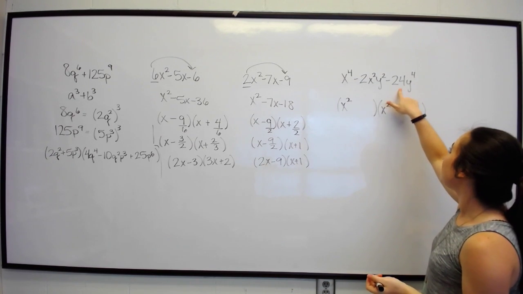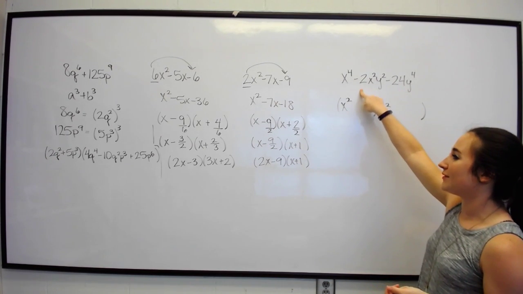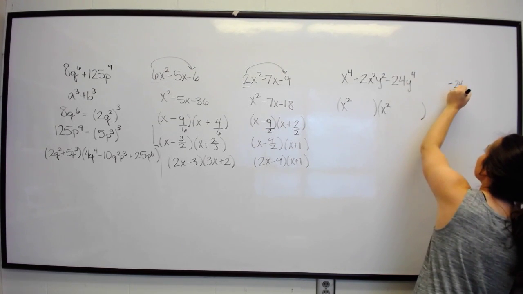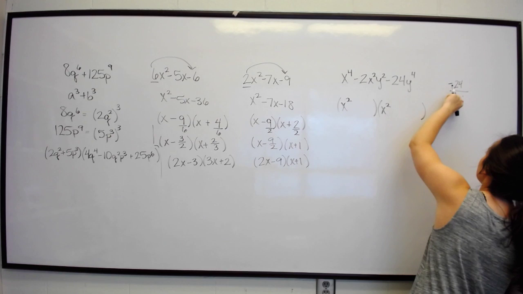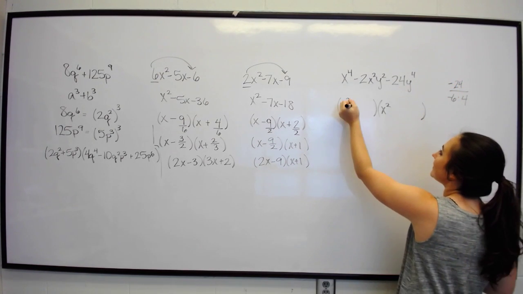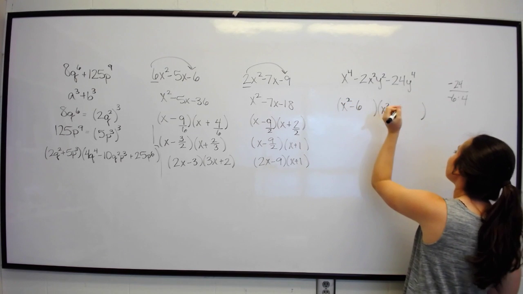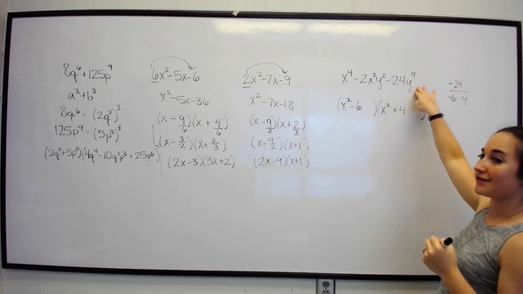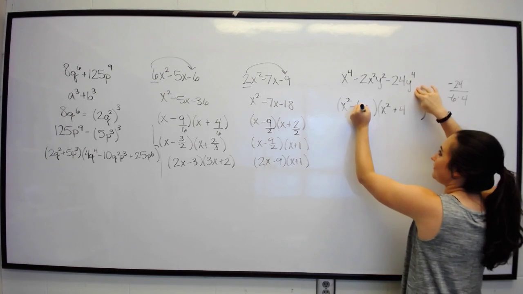For negative 24 and a negative 2, I'm going to add. Come over to the side, I'm going to do 6 times 4, and we have a negative with the 6. So I know I need minus 6 and plus 4, but I have to put a y squared with this also.